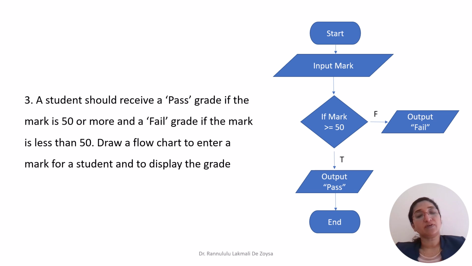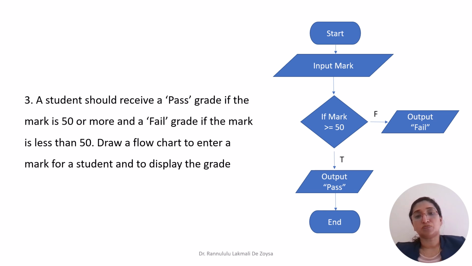Now, after giving the relevant output, so now this time you input 35 and you check whether 35 is greater than 50. No, 35 is not greater than 50. This condition is false. If the condition is false, you come to this side.